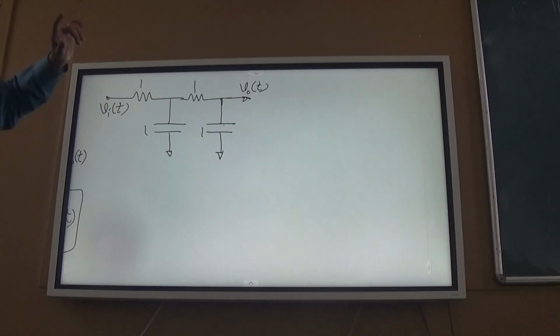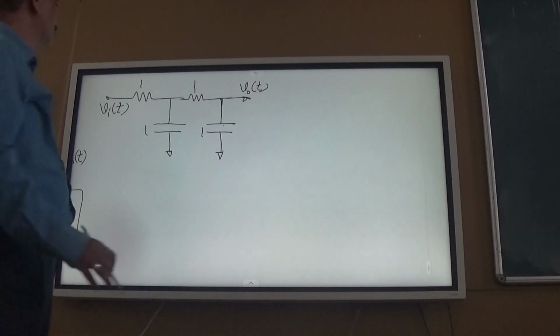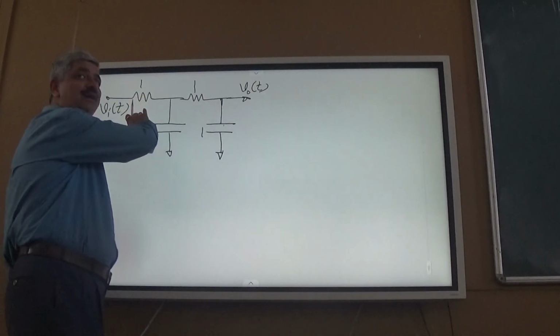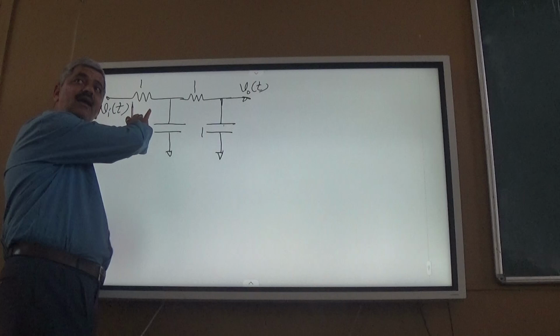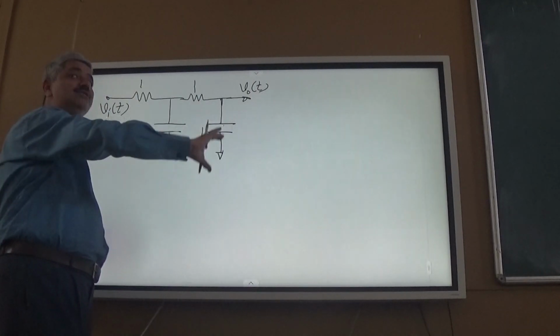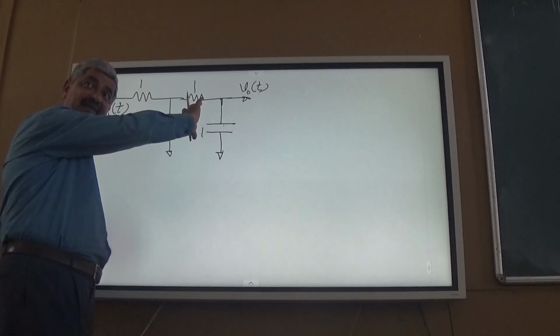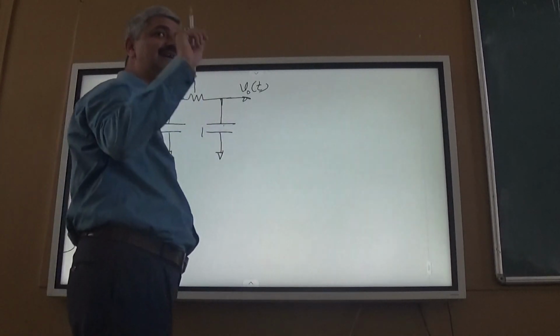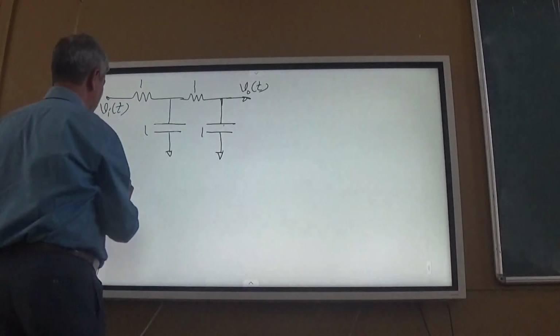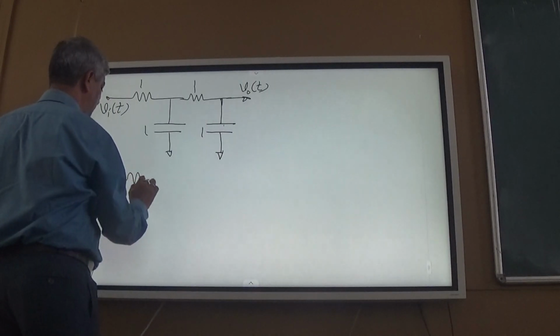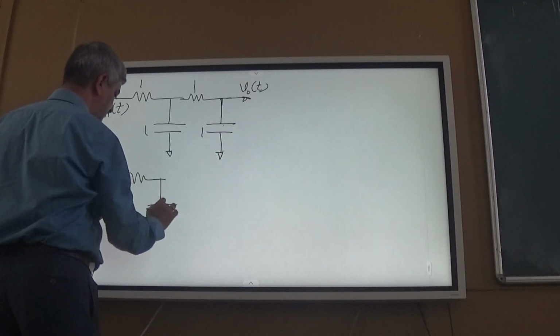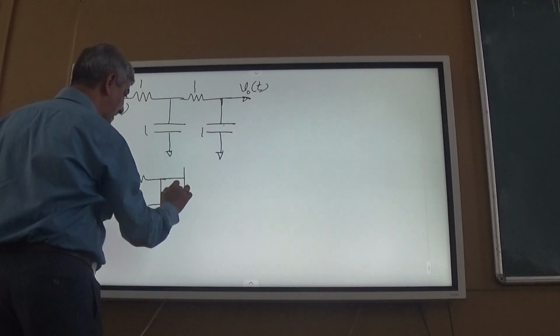For those who could not recollect, you can think about it again and derive it after the lecture. So now we will make a small addition there. Here, the output of the first circuit was taken and connected to the same circuit as an input directly. Now I will make a small change. The small change is like this. Same circuit I will take and I will add something.